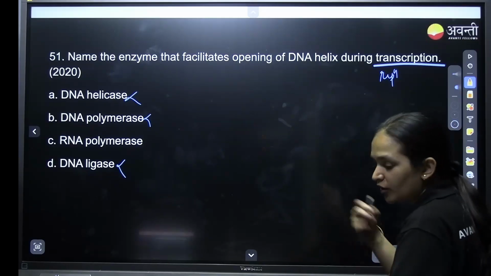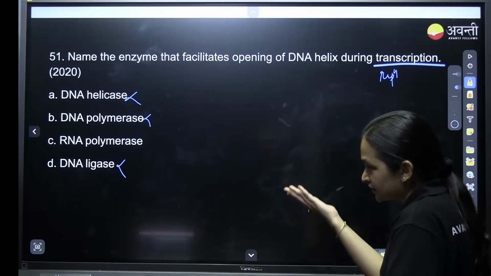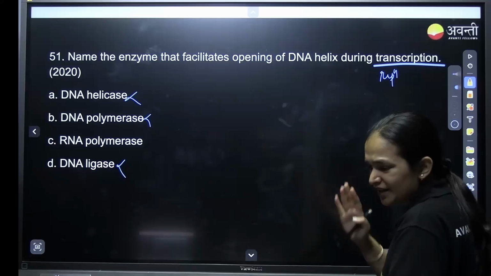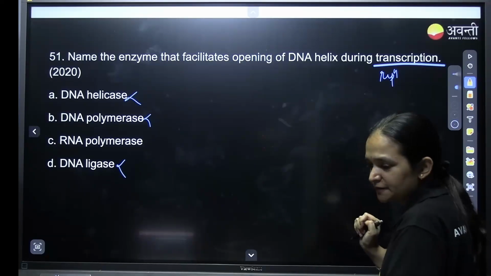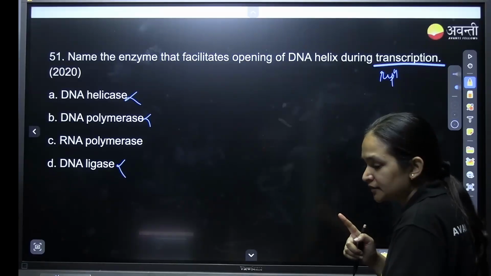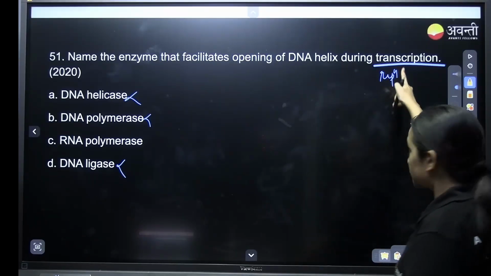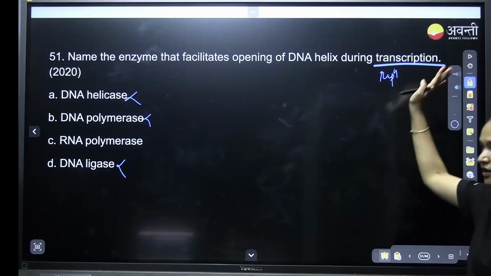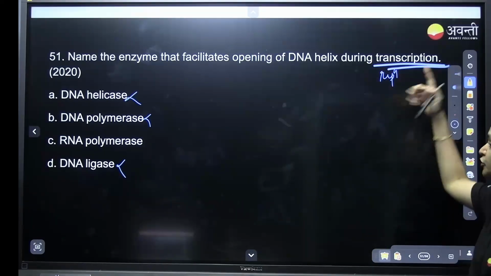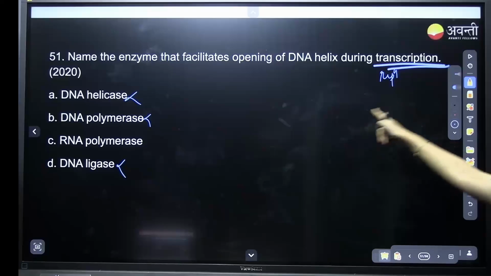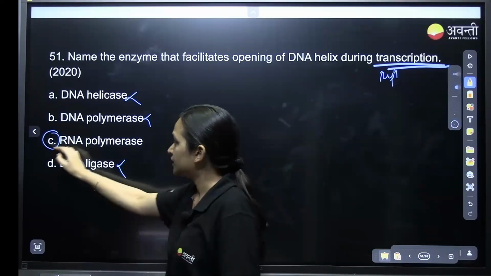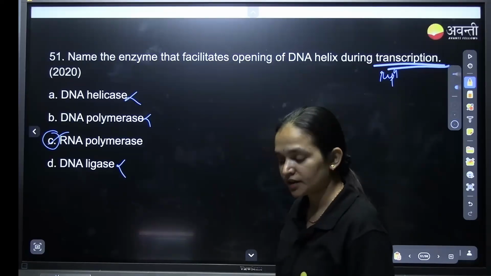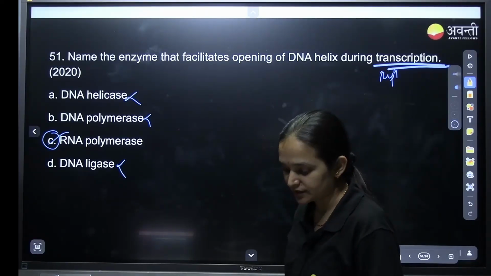Transcription में all in one enzyme, that is RNA polymerase. कोई DNA helicase, DNA ligase क्यों ही आएगा, समझ आ रहा है? So you need to read the questions very carefully. यहाँ transcription दिया हुआ है, replication नहीं. अगर replication होता तो DNA helicase होता. अभी transcription दिया है तो it is RNA polymerase which is opening the helix. Understanding?